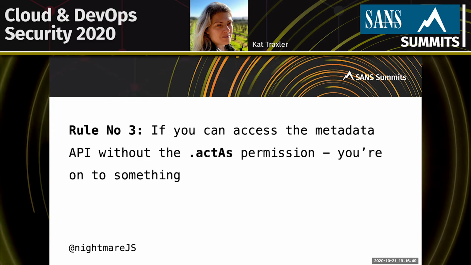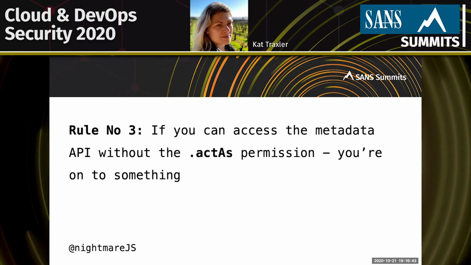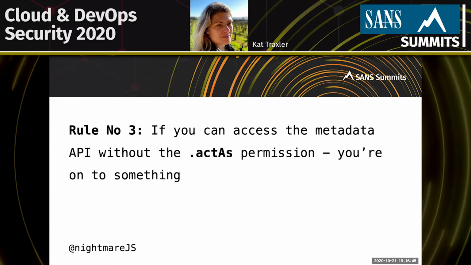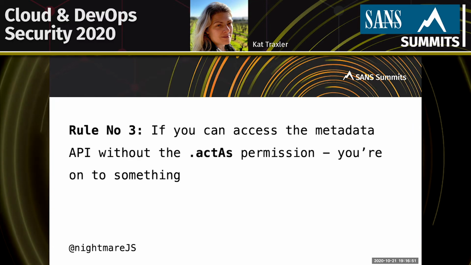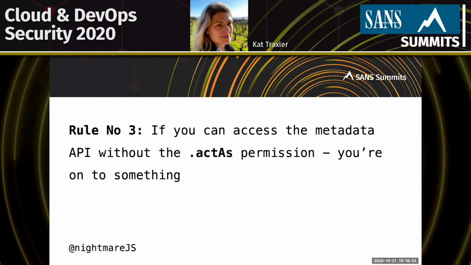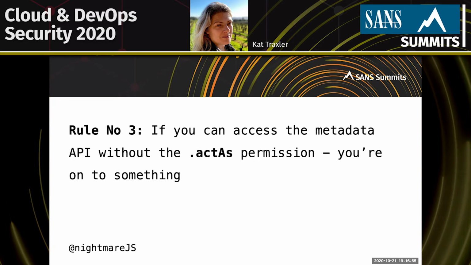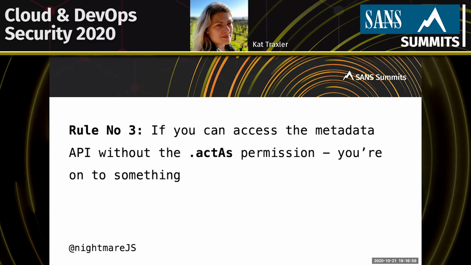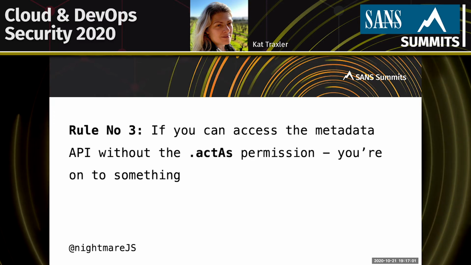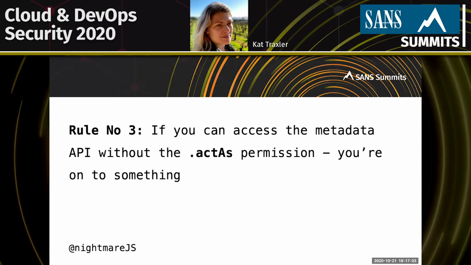And it makes a ton of sense to have some IAM permission controlling access to the metadata API. Because as we've seen, if you have access to a piece of infrastructure, you have access to its metadata API and the service account it's running as, and the roles and permissions associated with that service account.